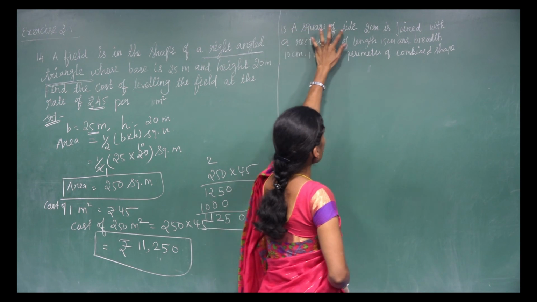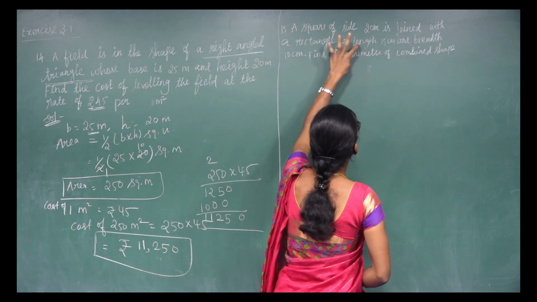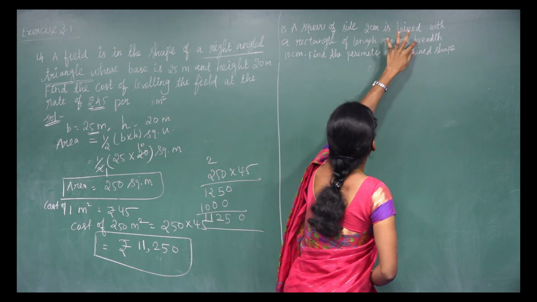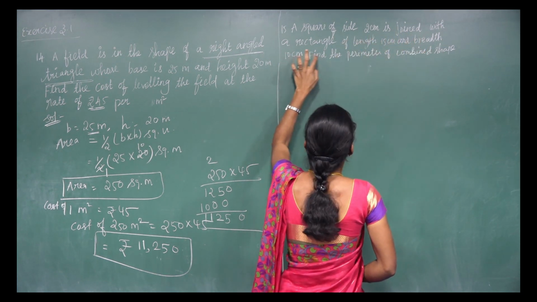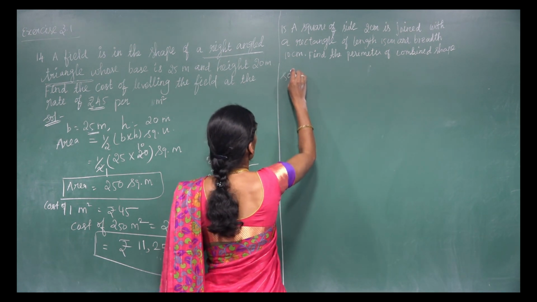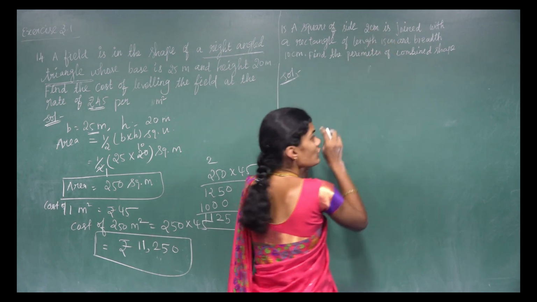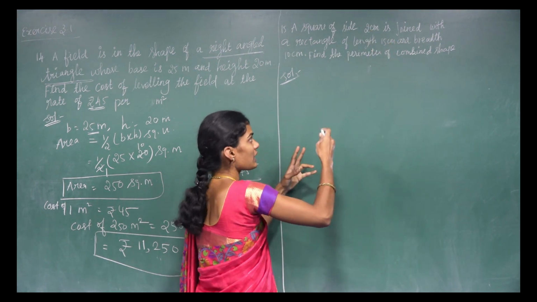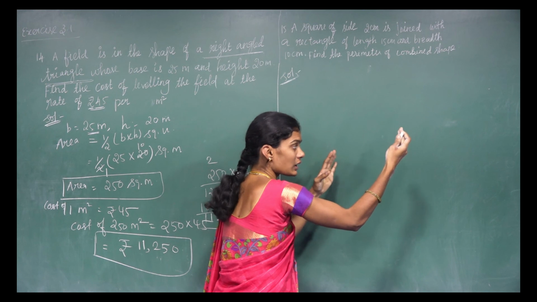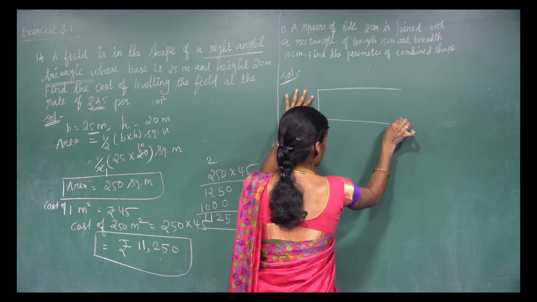A square of side 2 centimeter is joined with a rectangle of length 15 centimeter and breadth 10 centimeter. Find the perimeter of combined shape. See here, the square of side 2 centimeter is joined with a rectangle. So first of all, you draw one rectangle.